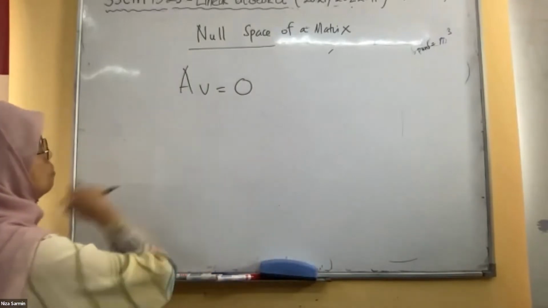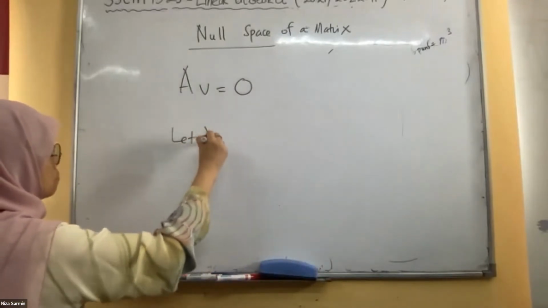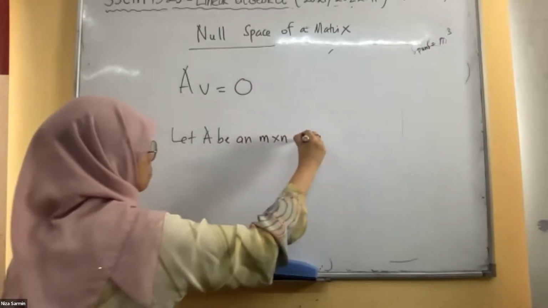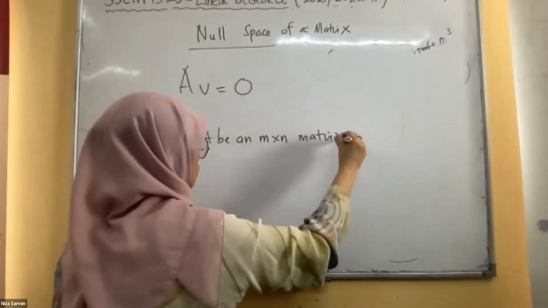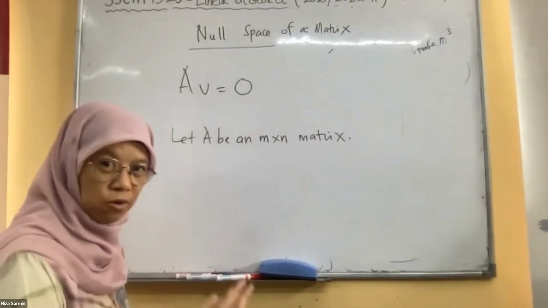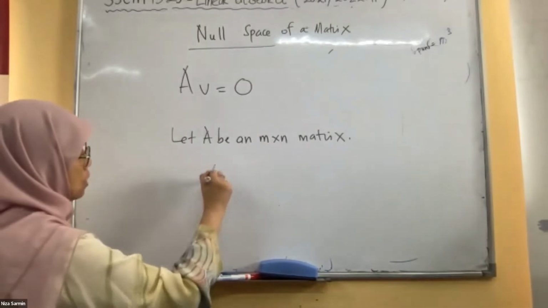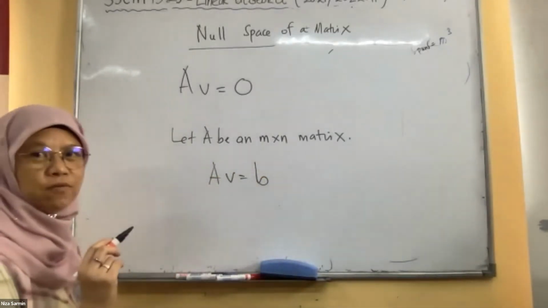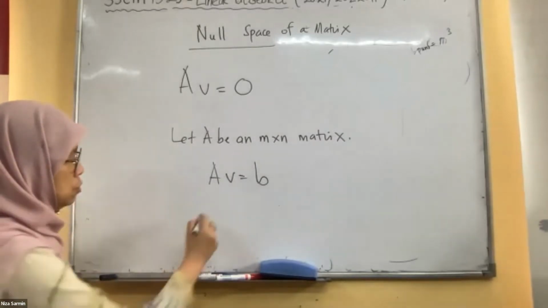Let A be an M by N matrix. So this is a system of linear equations. From the system of linear equations, you will get AV is B. But for the null space, you set it equal to 0.